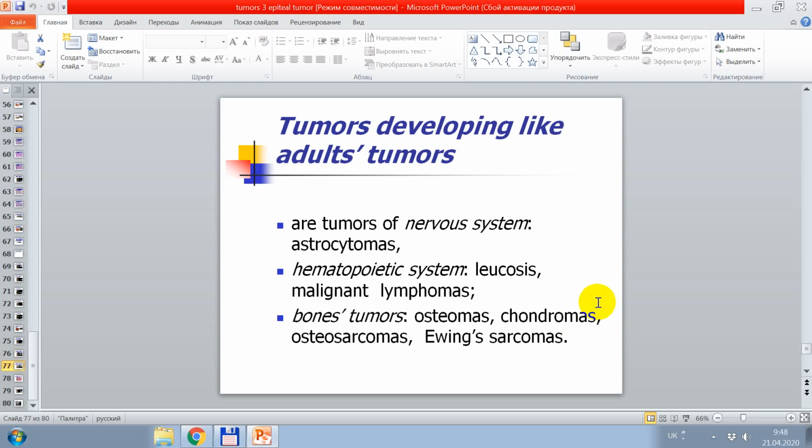Tumors developing like adult tumors are tumors of the nervous system, astrocytomas, hematopoietic system, leukemias, malignant lymphomas, and bone tumors: osteomas, chondromas, osteosarcomas, Ewing sarcomas.